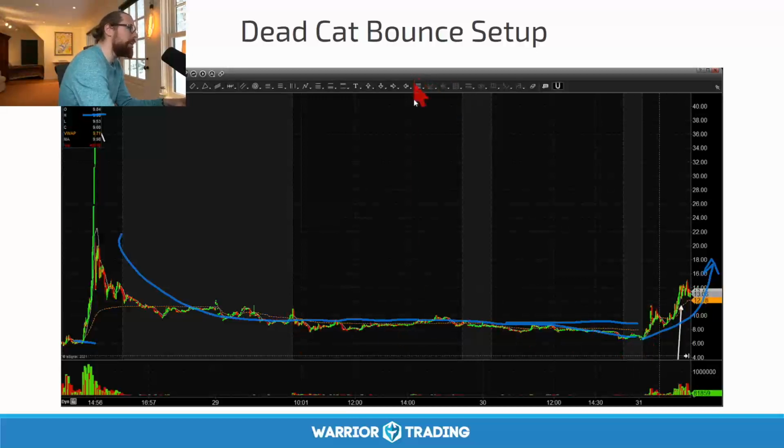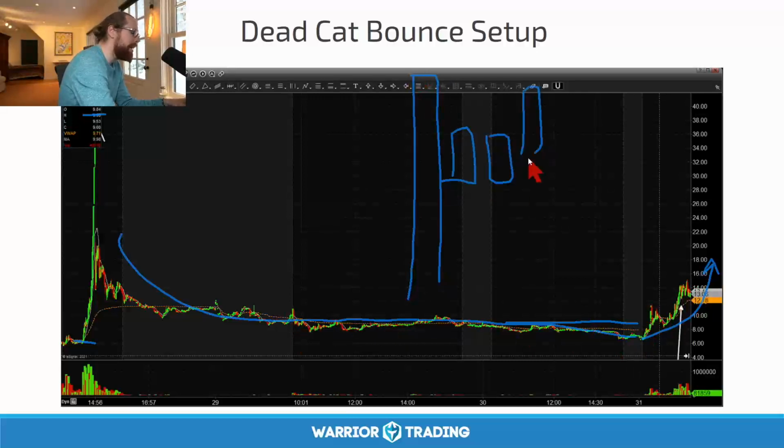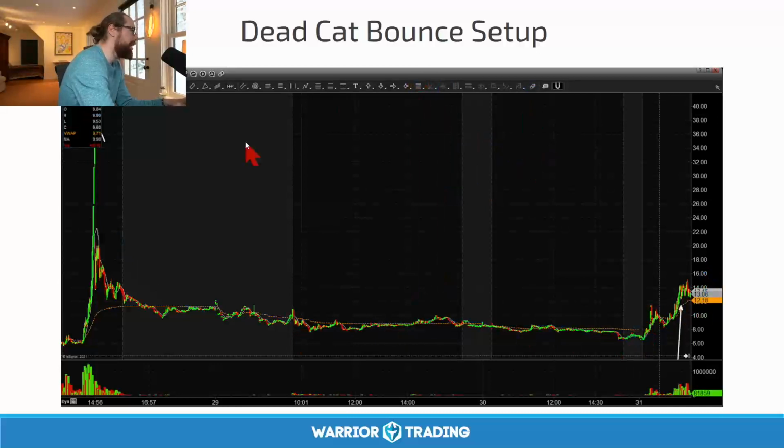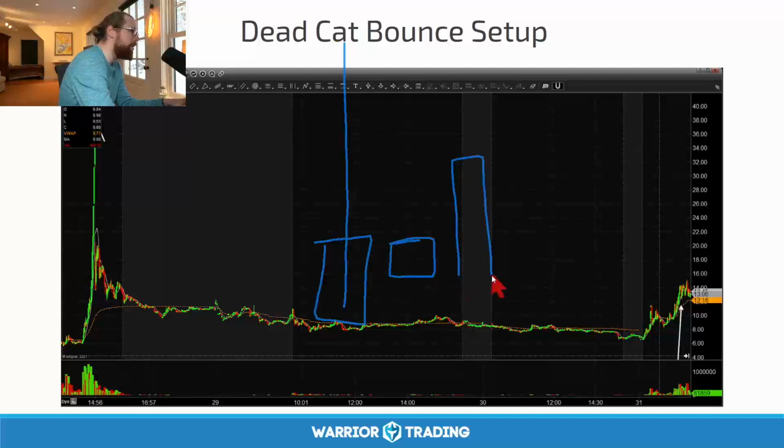So it's not our traditional bull flag, it's not a nice orderly pullback and then first candle to make a new high. This is more of a huge topping tail green candle, I guess, that then goes a little bit lower. But then on the first day, it makes a new high.